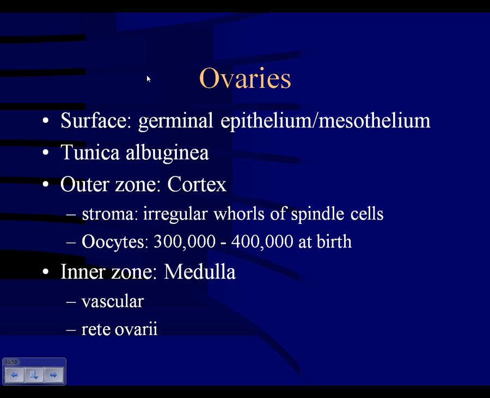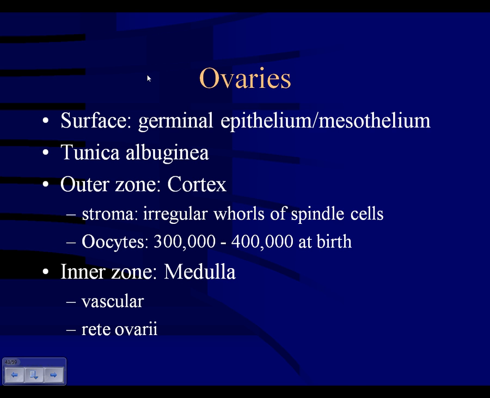Then you have the tunica albuginea, the outer zone, which is the cortex, which has a stroma, which has whorls of blue spindle cells, and numerous oocytes. That varies with age. The oocytes are very numerous in an ovary of a newborn, and then through a process of atresia, of pruning, essentially, the oocytes are decreased to around 400 by the time you reach childbearing age.